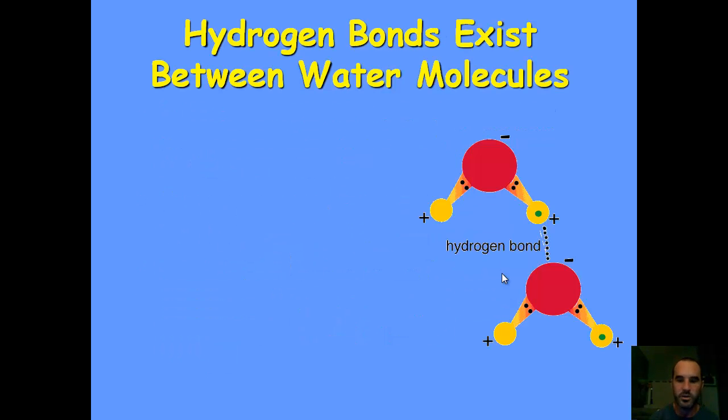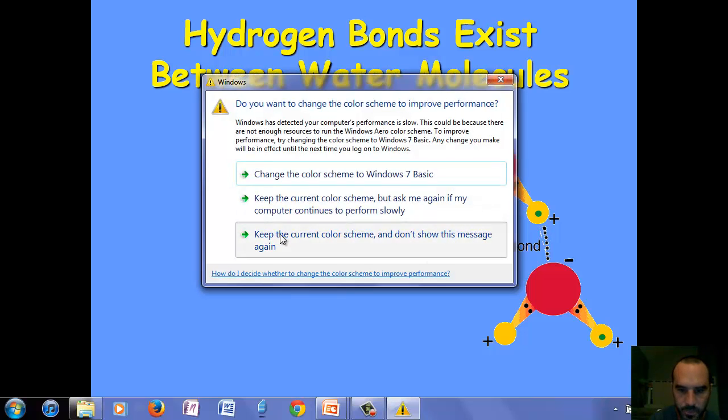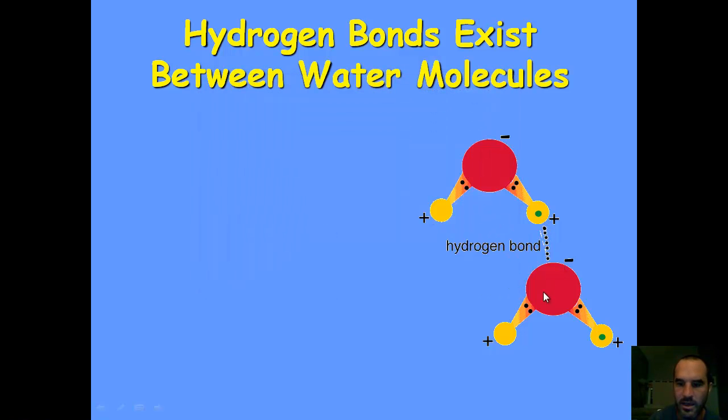Now, because water is polar, it allows it to do something called hydrogen bonding. What it means is that because there's that slightly positive charge in one water molecule, that slight positive charge is going to act kind of like a magnet, and it's going to bond to the negative side of the oxygen atom.